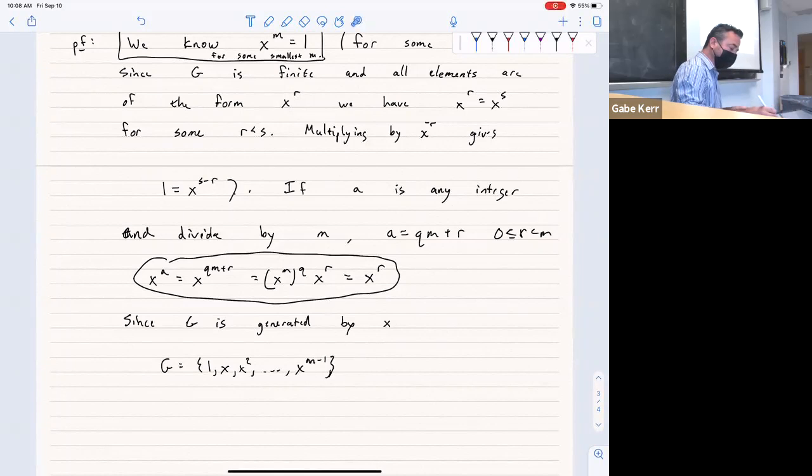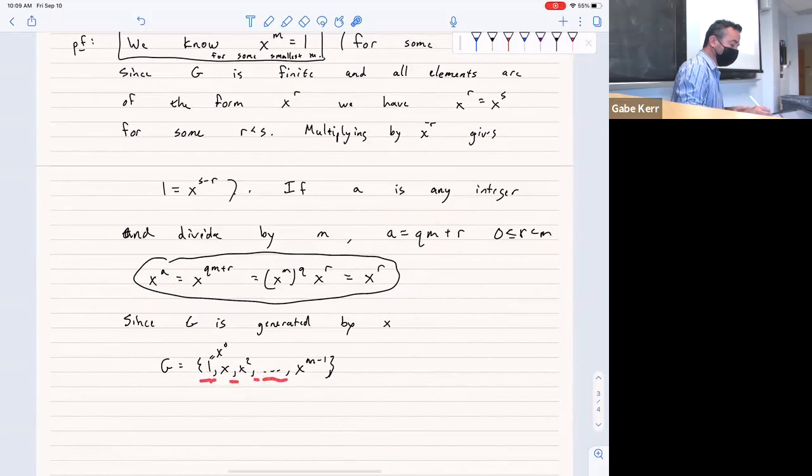If a is any integer that's not in this list of exponents from 0 all the way to m minus 1, then by dividing by m, we'll get it to be equal to one of these.